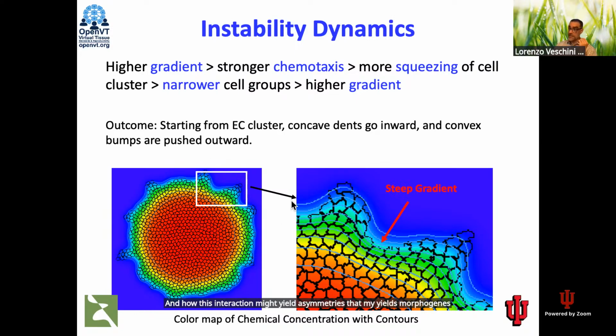In this slide, it is highlighted how initial random fluctuations in the boundary of a tissue arranged like that might change the steepness of the gradient of the molecule that is produced by these cells. And if these cells are then sensitive, by chemotaxing, to this gradient, then this might amplify the process and create structures that then become more organized. Okay? And this is the basics that the model will exploit a lot.